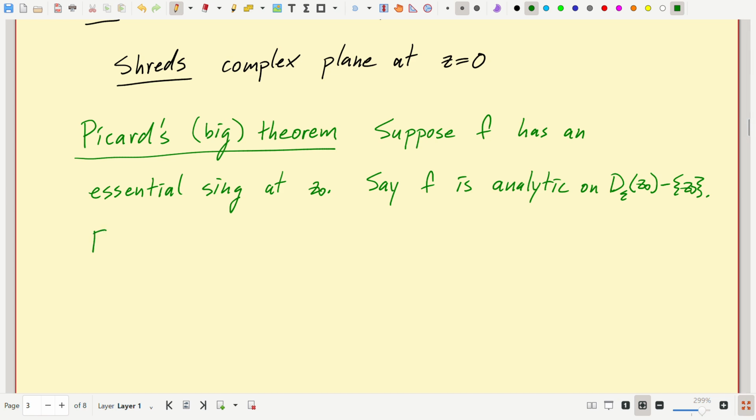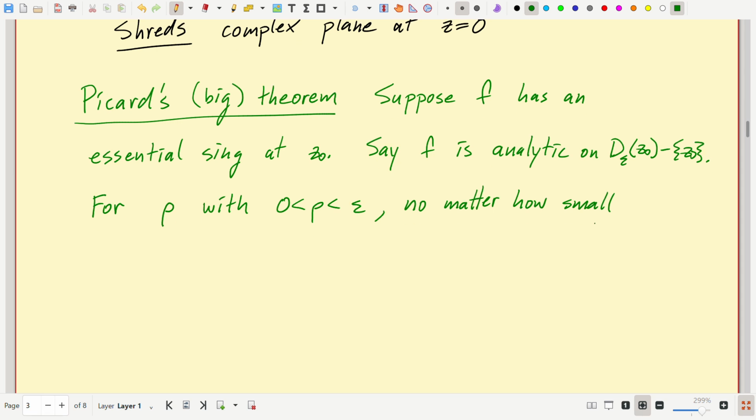Then, for any rho with 0 less than rho less than epsilon, no matter how small, f maps this little tiny set, d rho of z naught minus z naught, where it's not defined at z naught, infinite to 1, just like the e to the 1 over z did.